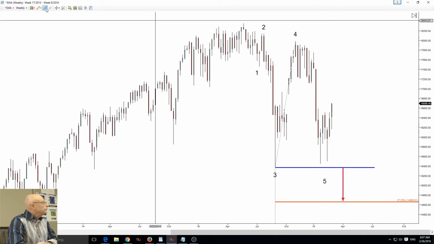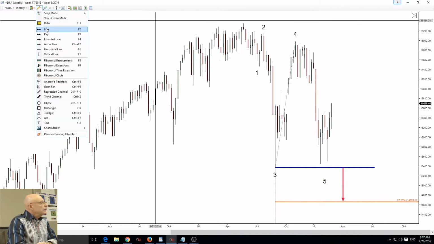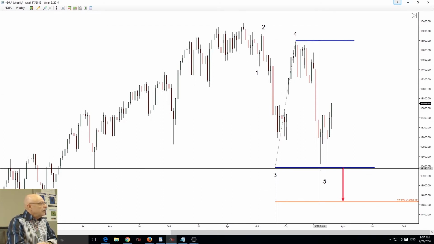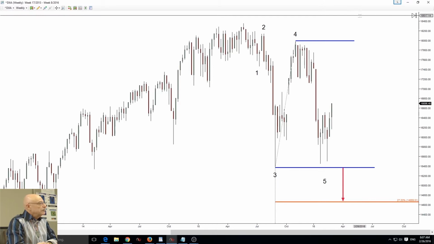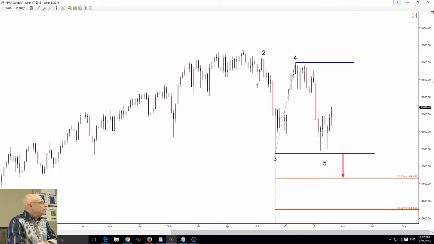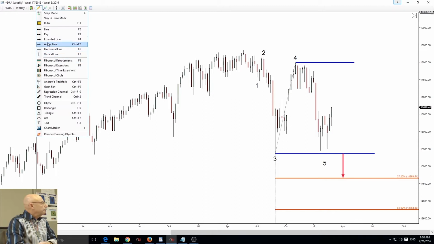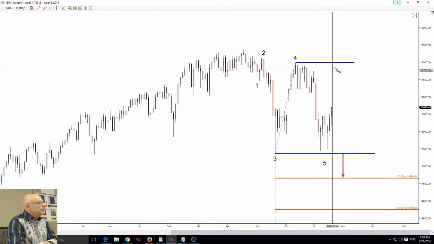But if we go above that number 4, it means we have an A, B, C correction, and we're going much higher. Then target will be on the upside. So above that line, it's some advanced technique.